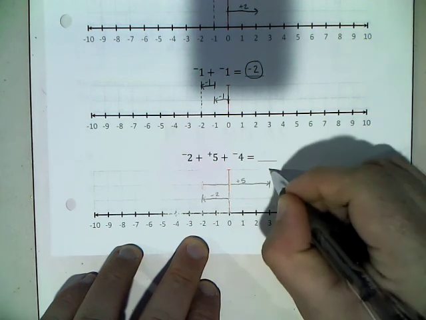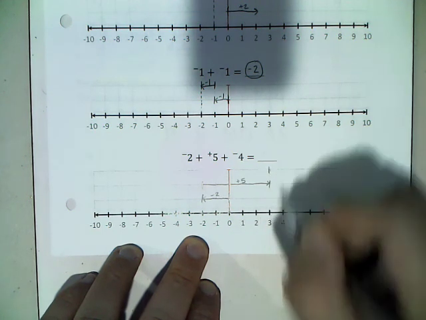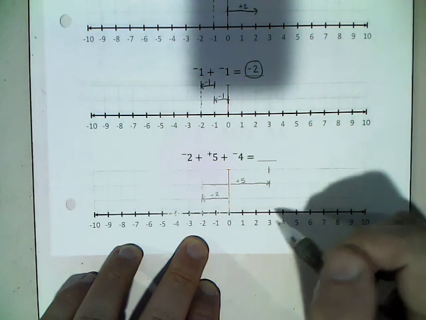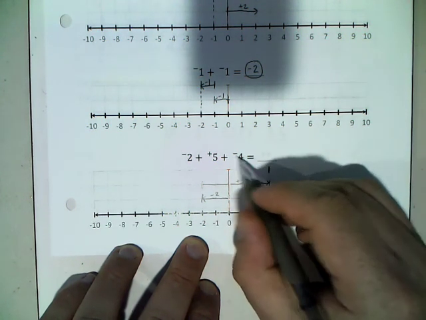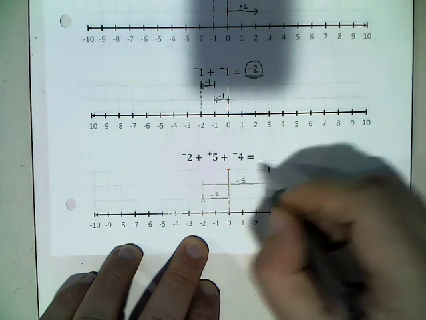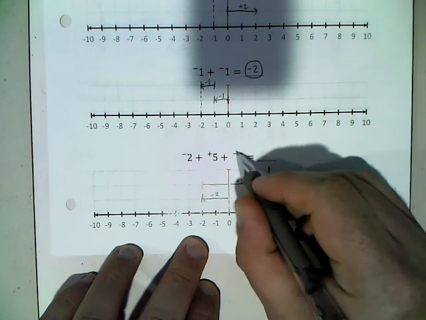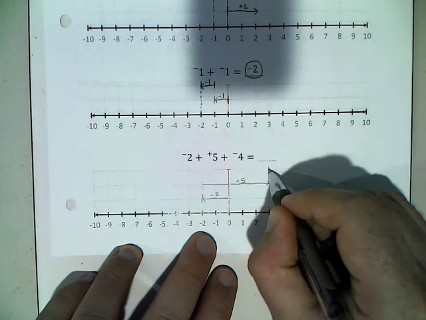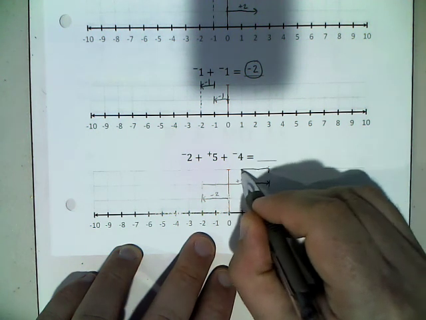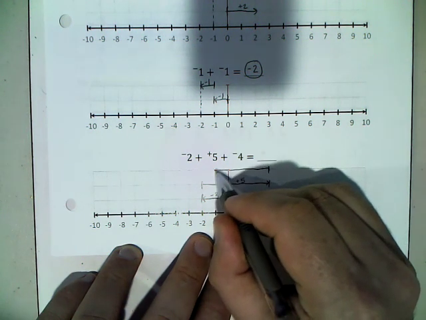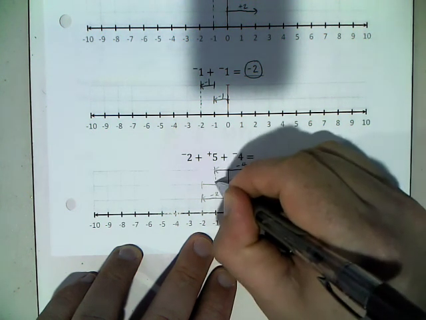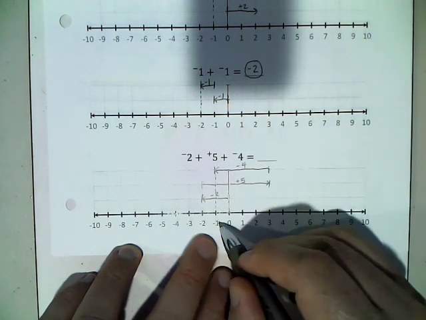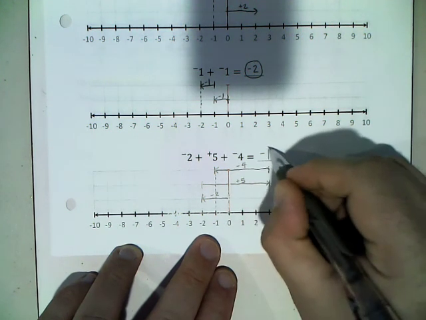And my third number will start where the second one ended. And so my last number, a -4, tells me to go 4 units, but negative tells me to take it to the left. So 1, 2, 3, and 4. And then I'm going to do a dashed line down to the bottom. And so our answer is a -1.